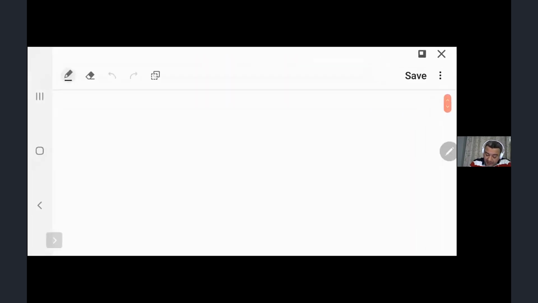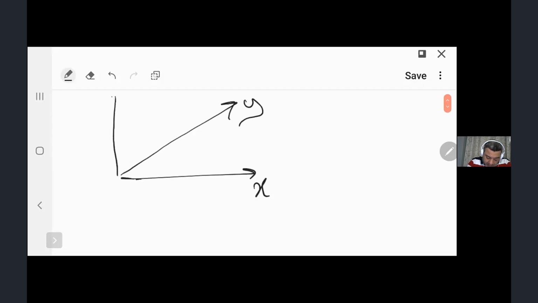If you do not have the question in front of you, open your slides. I will draw the problem based on my understanding. So here my coordinates are x, y, z.